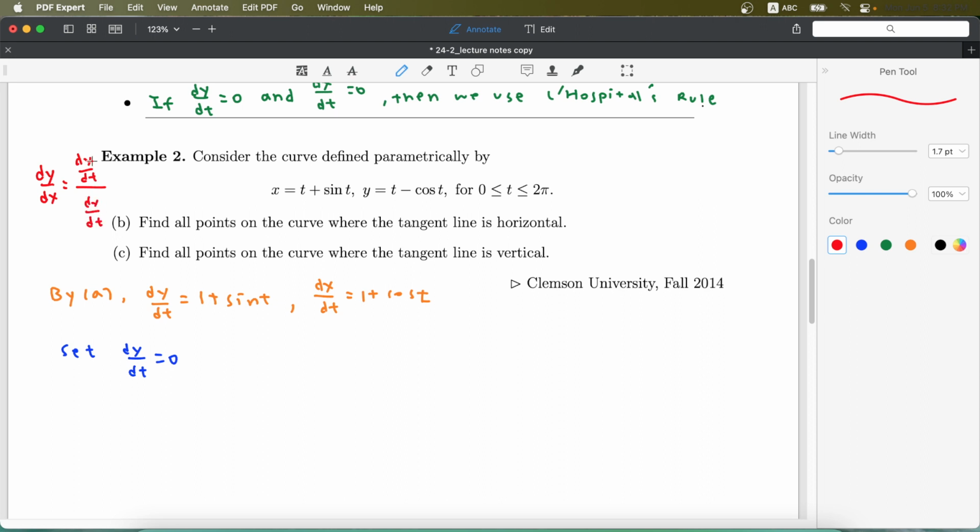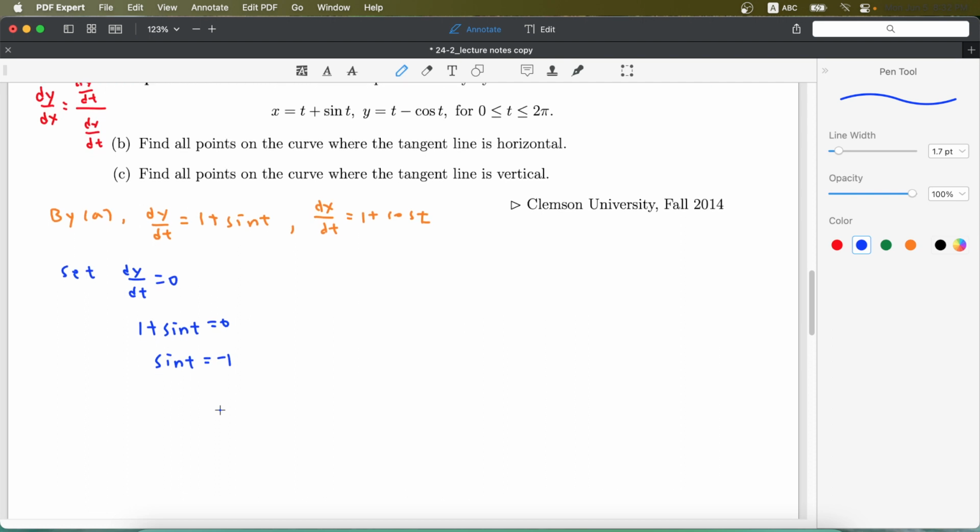So I set my numerator to be 0. That means 1 plus sine t equals 0, so sine t equals -1. How do we find t?